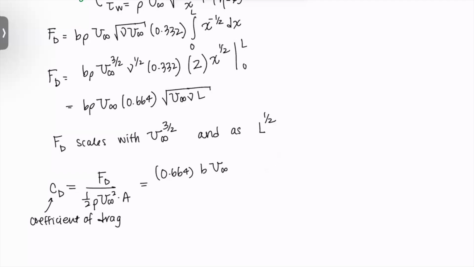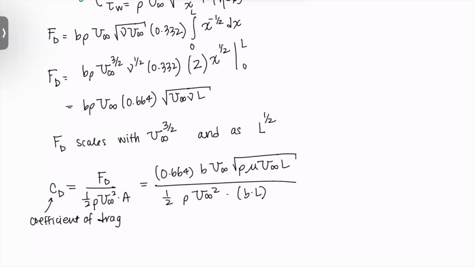I forgot a mu in here. Rho mu U infinity L. So I took the nu and turned it into mu over rho. Okay, great. And then divided by 1/2 rho U infinity squared times A, where A is just b times L, right? So now I can cancel some things.